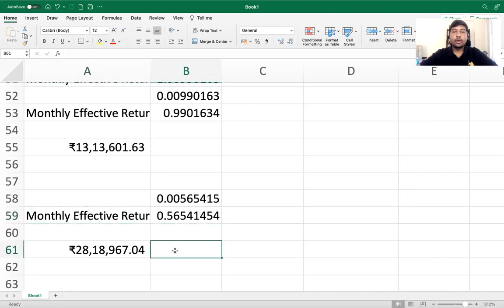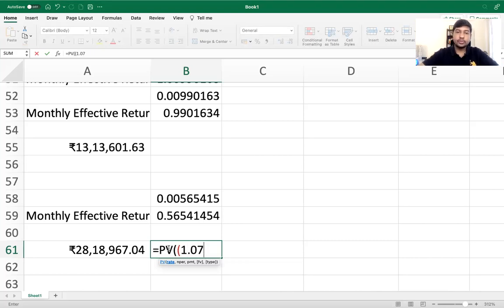I can simply use a formula and directly calculate rather than doing this. So how do I do that? So it is PV. Then I can open a bracket 1.07, that is 1 plus 7%, raised to 1 divided by 12 minus 1.